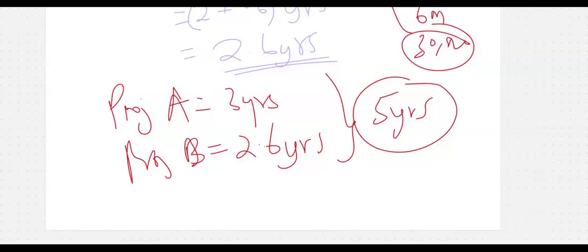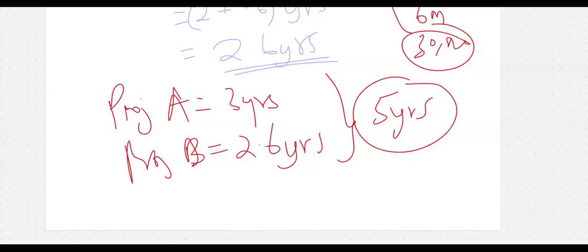So the lower of the number of years, that is the project which will be taken. The project with the lower number of years will be accepted. So here we would say that project B should be accepted. This is because it takes 2.6 years, less than 3 years, for project B to pay back the loan or to recoup its investments.